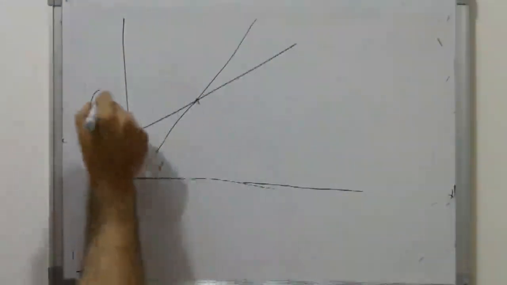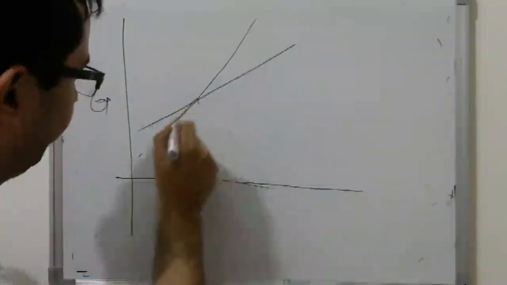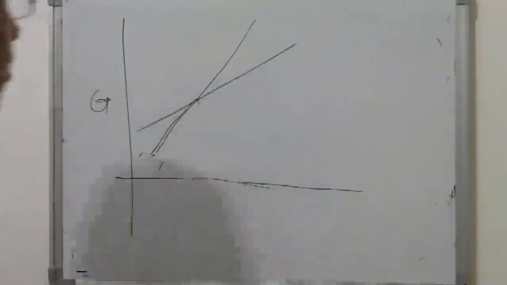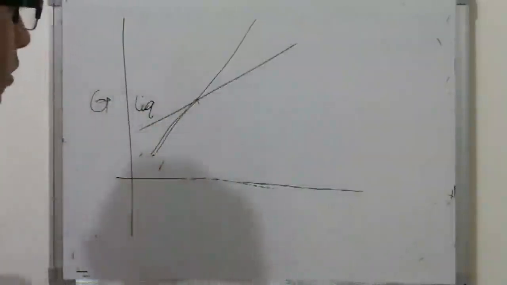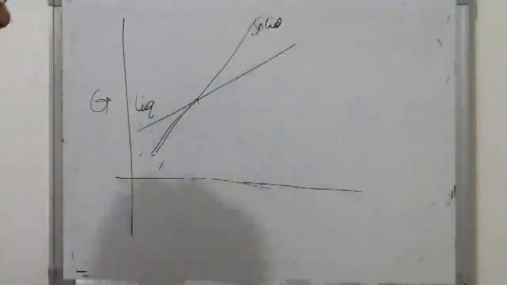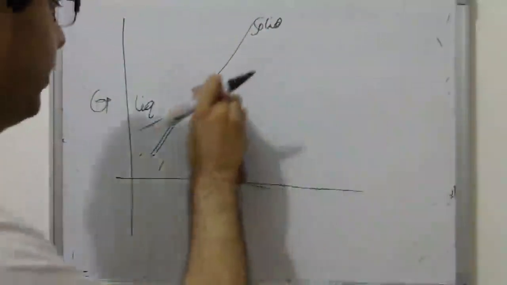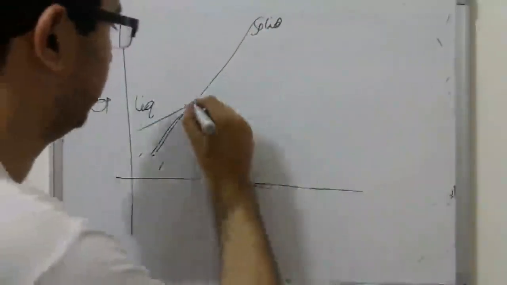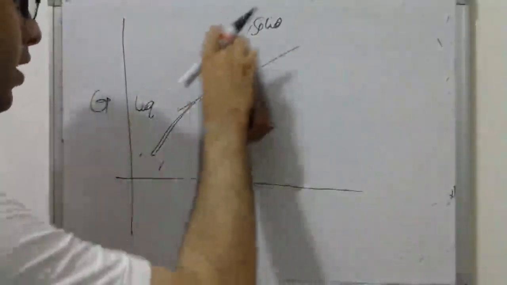The free energy G. Let's say this is liquid, and let's say this is solid. This line actually doesn't exist, and this doesn't exist.